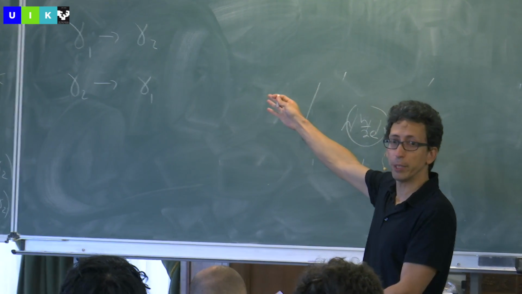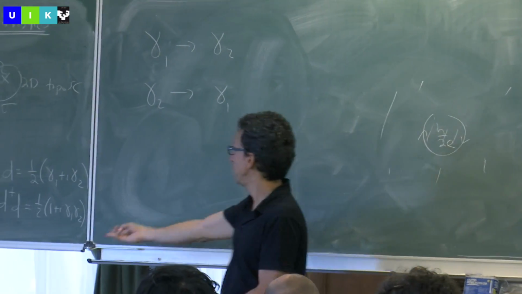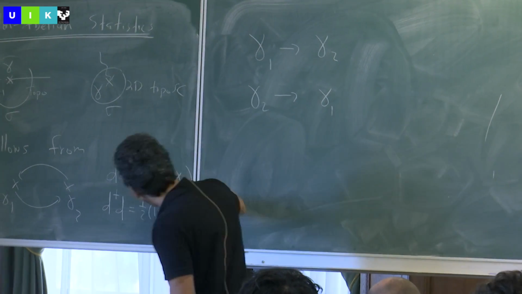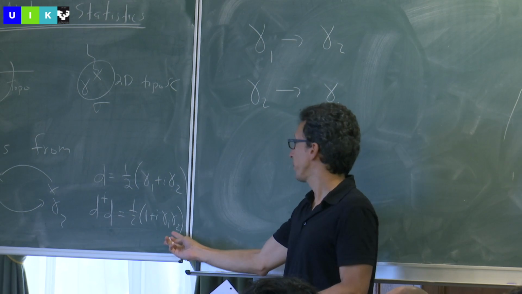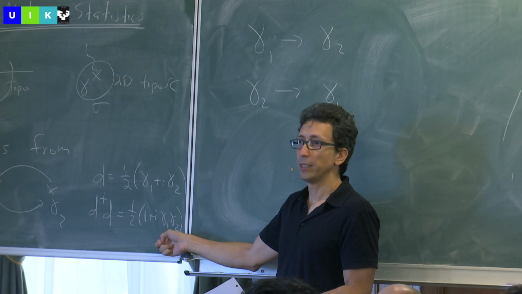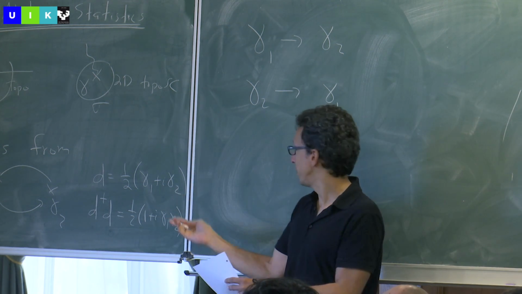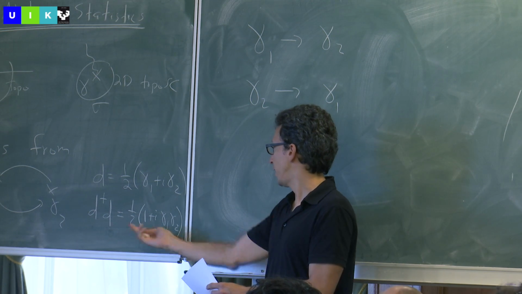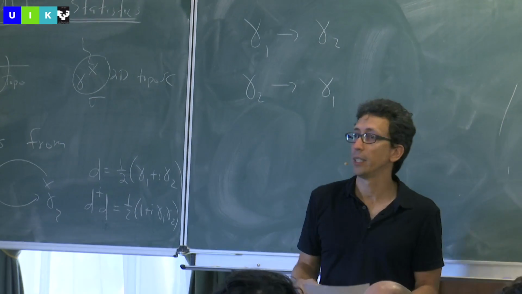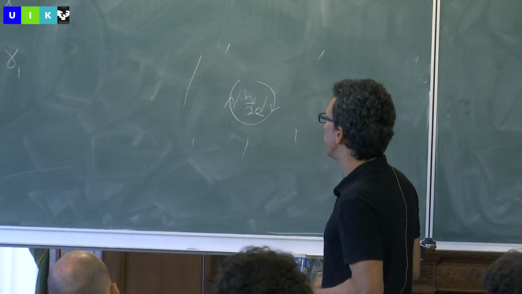The reason is that if you enact that transformation on this occupation number, it goes from i gamma 1 gamma 2 to i gamma 2 gamma 1. You can anti-commute those back, and you would find that if you started in, let's say, the occupation number 0 state for D dagger D, you would have flipped to the occupation number 1 state. But again, that's breaking sacred laws of nature.